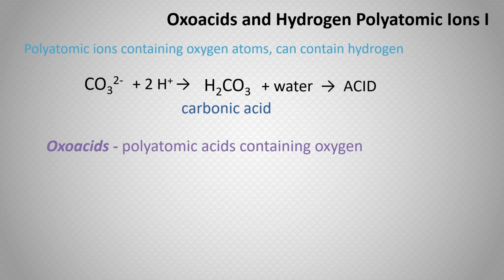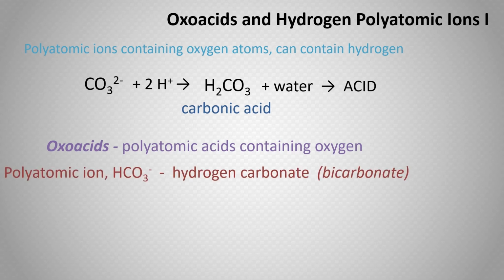Now, we don't have to put two hydrogen cations on the carbonate ion. We can put just one hydrogen cation on it, producing a new polyatomic ion, HCO3-, which we call hydrogen carbonate. The common name for this polyatomic ion is called bicarbonate.